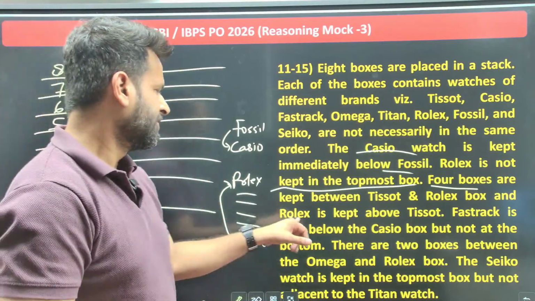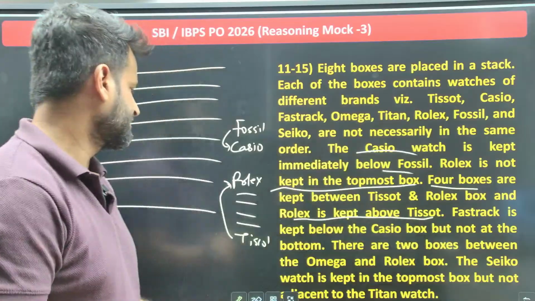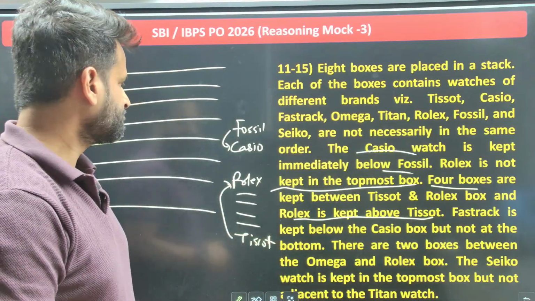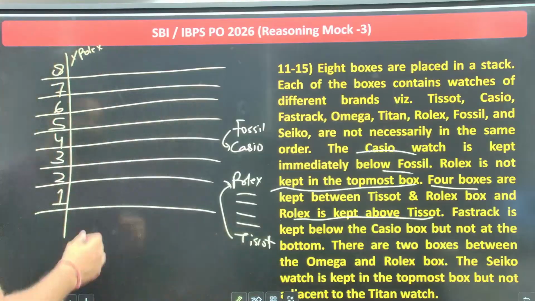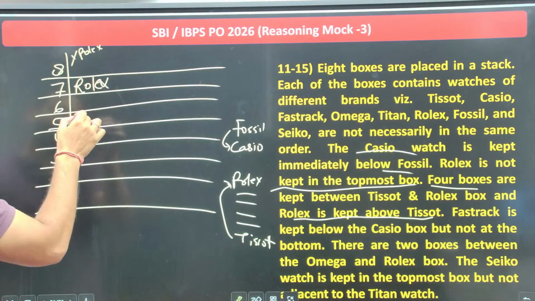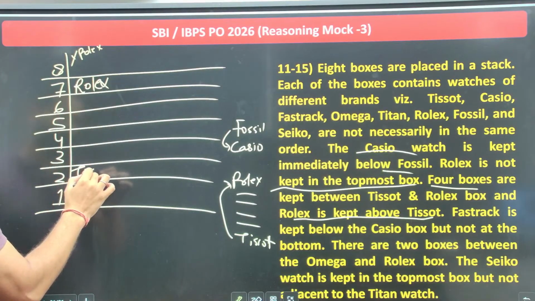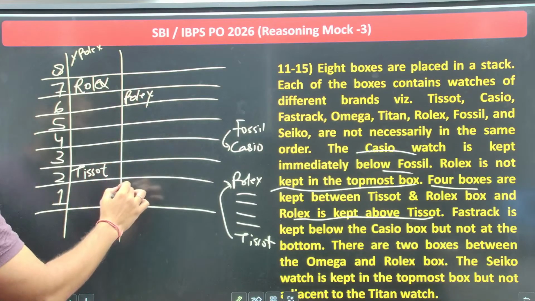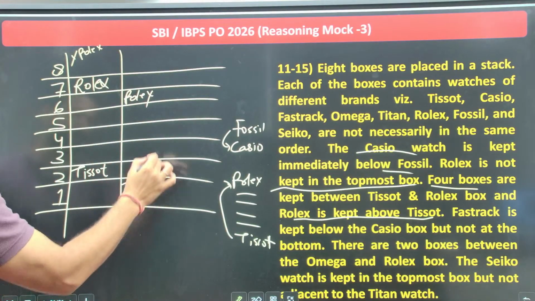Rolex is above Tissot. Rolex cannot be placed on top. So the very first possibility for Rolex is this. 1, 2, 3, 4, this will be Tissot. Another possibility, this can be Rolex and this will be Tissot. Done.